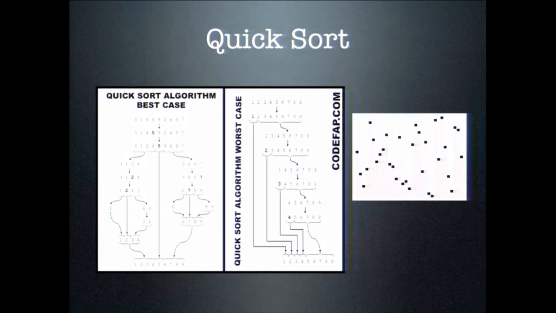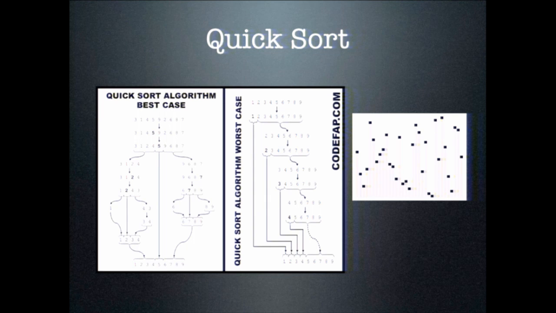So in the Quicksort case, we have a slightly more clever and more interesting algorithm. It's the first of what we would call a divide and conquer approach, wherein you take your problem and you split it into smaller pieces, and you keep splitting it until you hit a base case, and then you build it back up.